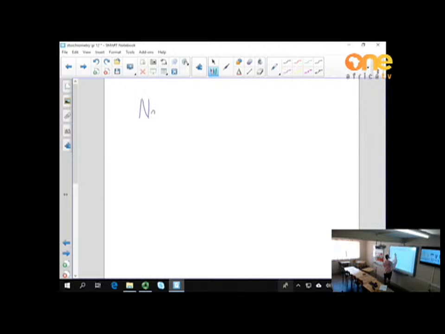So sodium carbonate reacts with sulfuric acid, and it's going to form sodium sulfate, Na2SO4, plus water plus carbon dioxide. There is our equation. We have to balance it.